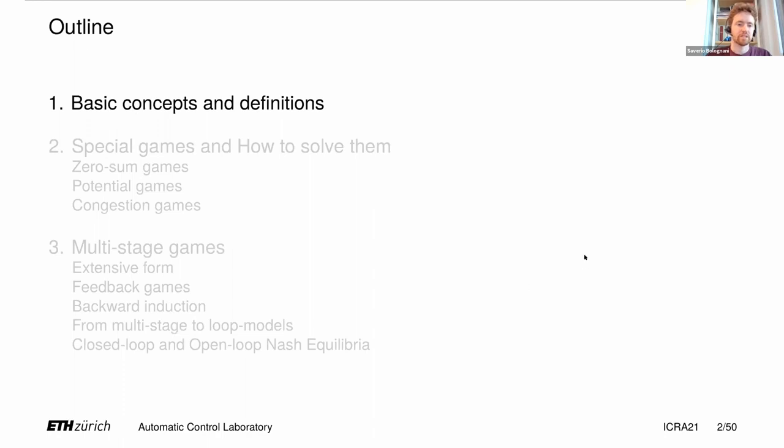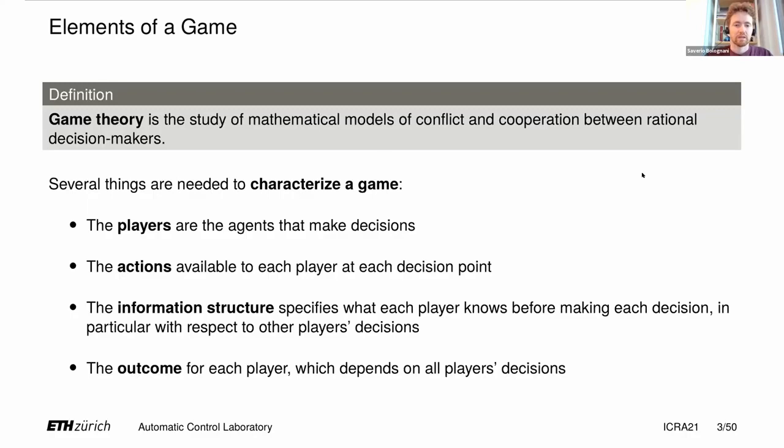Okay, so let's start with basic concepts and definitions. A very broad and high level definition: game theory is the study of mathematical models of conflict and cooperation between rational decision makers. So there's a lot to process in here, right? First of all, it's mathematical models.